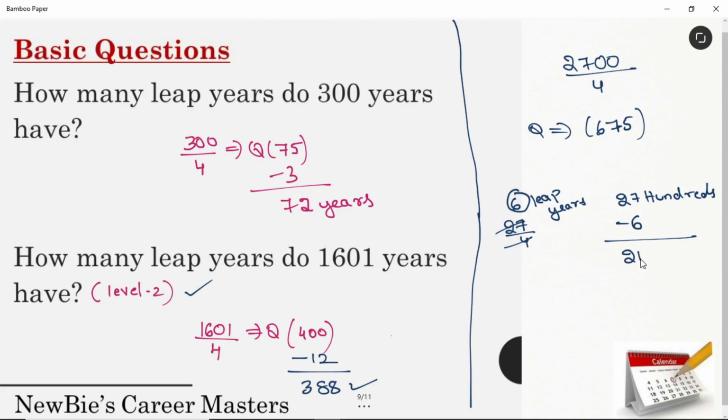We'll get the 2100s which are not leap years. What do you have to do? You need to take this 21 and remove the 21 from the total count. Final answer is 654 leap years. Very simple.